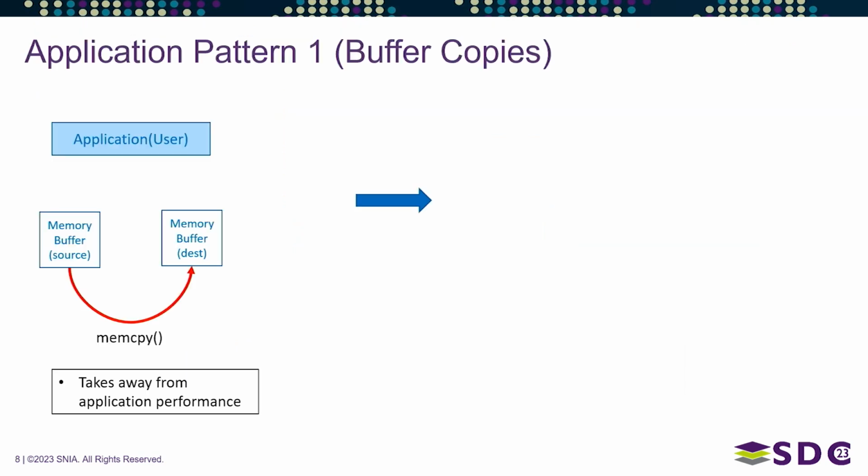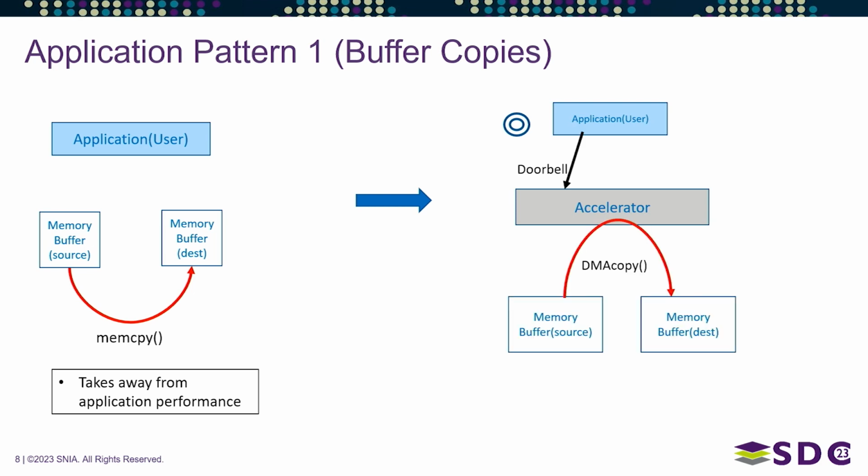I won't go into the details here, but this is an example of an application pattern when an application needs to perform a memcopy. This type of accelerator interface helps you do that by offloading that to a DMA operation, where you're just copying the data from a source buffer to a destination buffer.